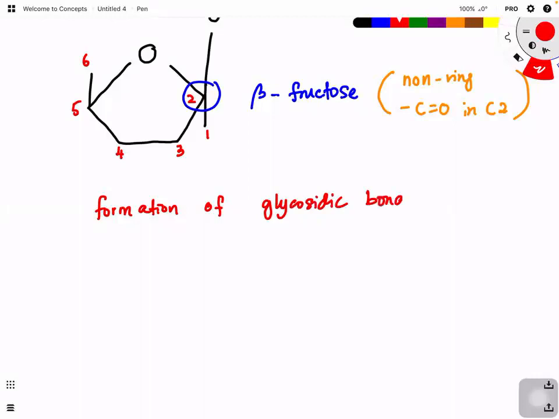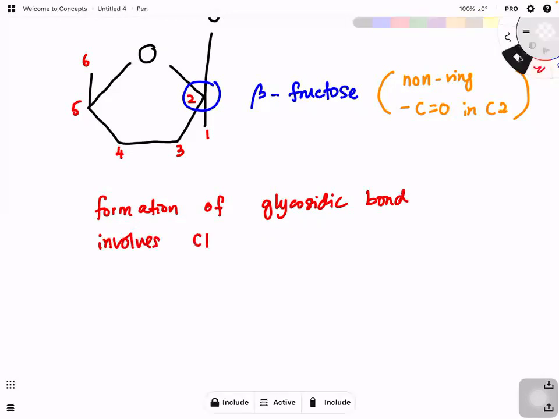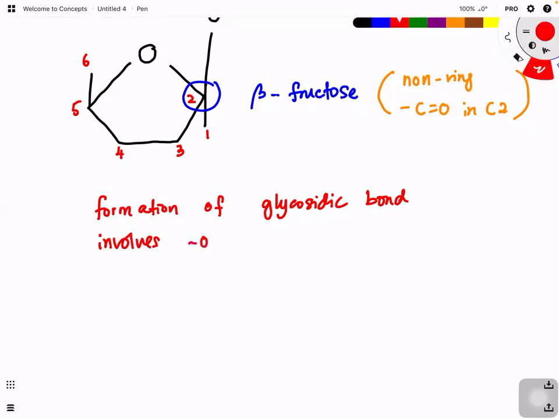The answer involves, in more detail, the OH group of carbon number 1 in alpha glucose and the OH group of carbon number 2 in beta fructose.